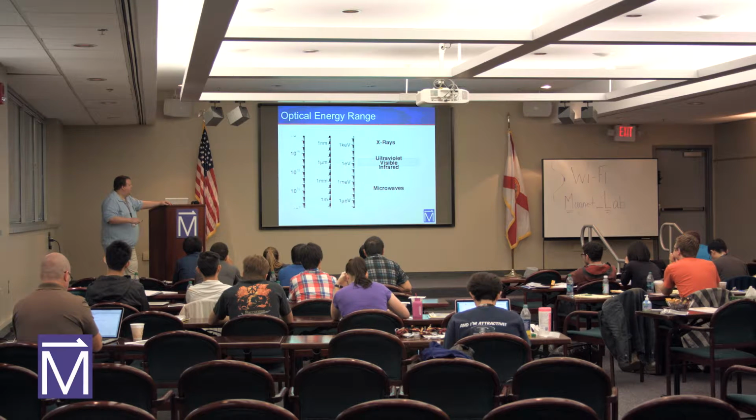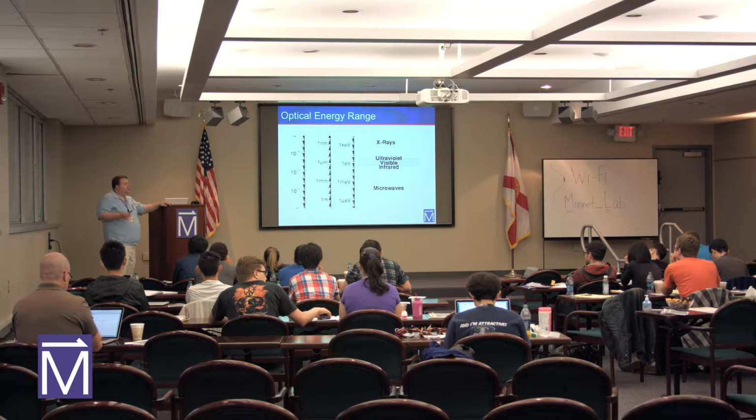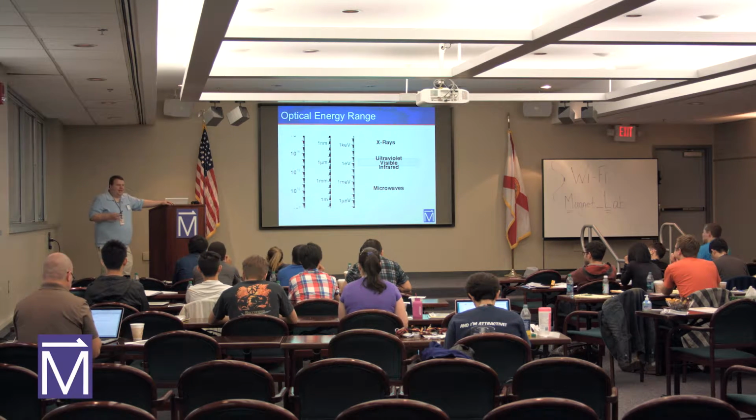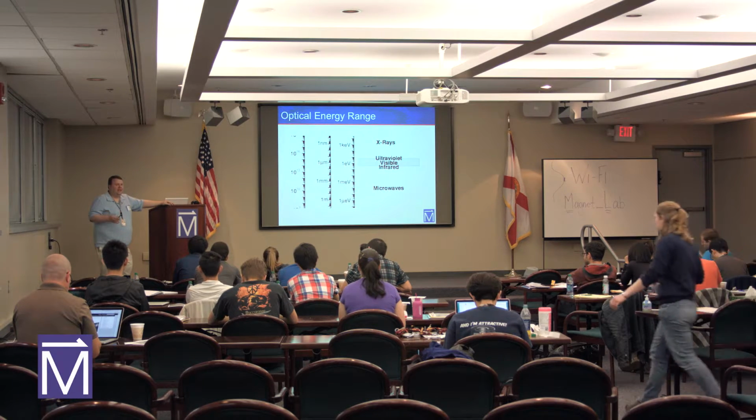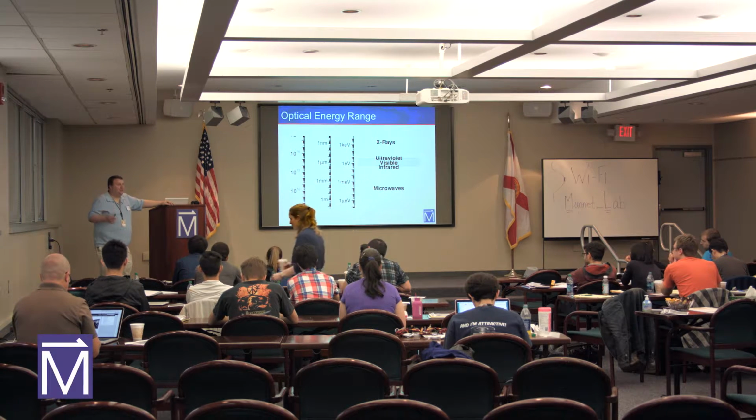So what kind of energies does this correspond to, at least thermally? A good conversion to keep in mind is that an electron volt is roughly equivalent to 10,000 Kelvin, all right? So we're not talking about emission of light that you would study from things at room temperature.